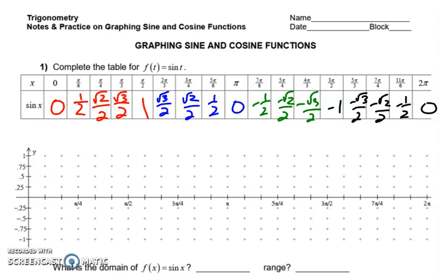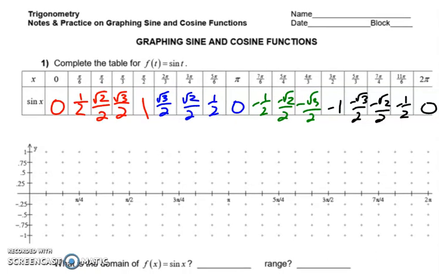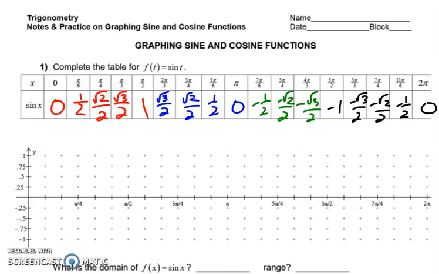So now, what we are going to do is actually plot those points. So let's start with 0, 0. Pi over 2 and 1.